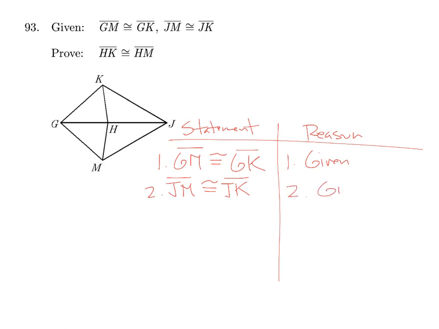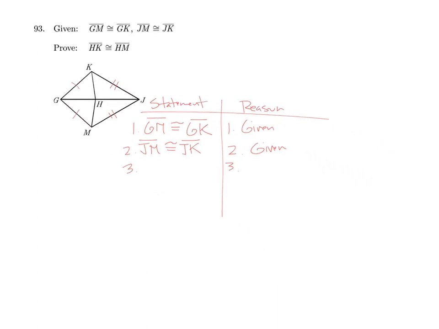Alright, that's given. So let's label the diagram. GM, GK, JM, and JK. Alright, HK is congruent to HM. How am I going to figure that out?